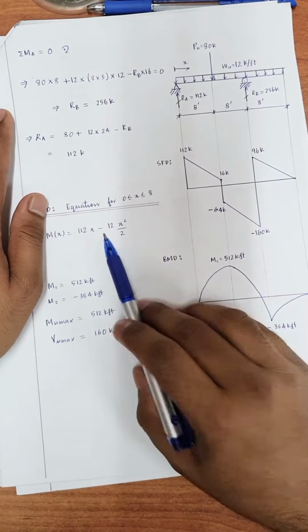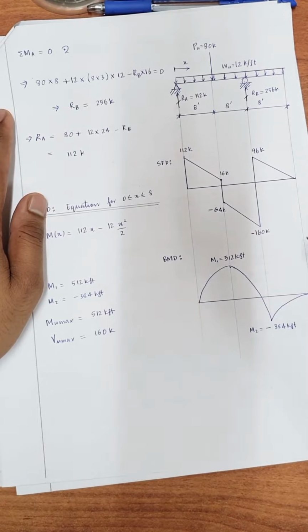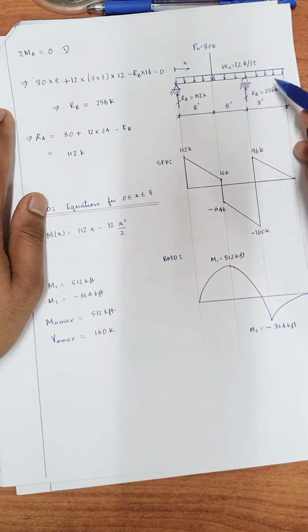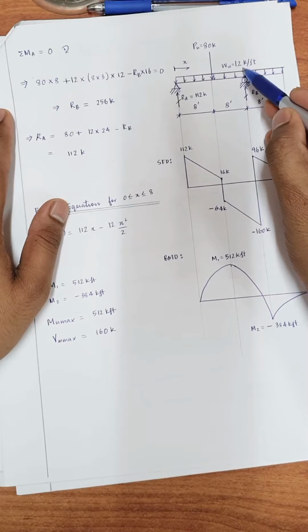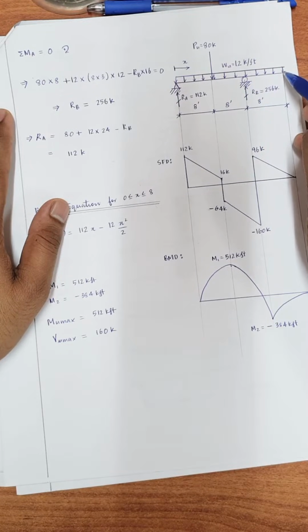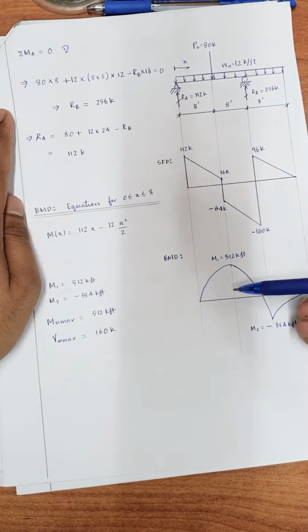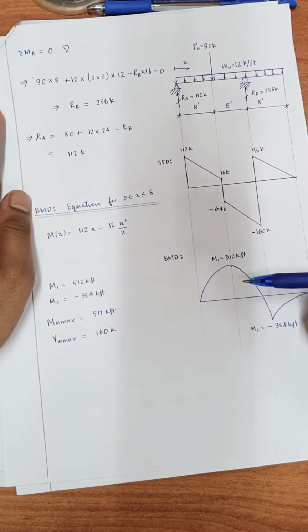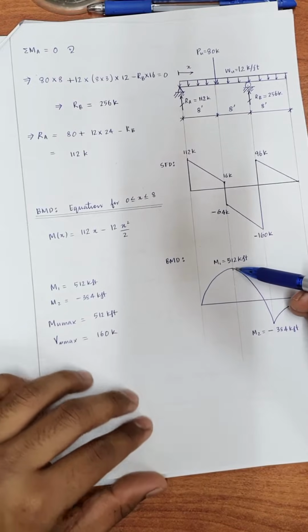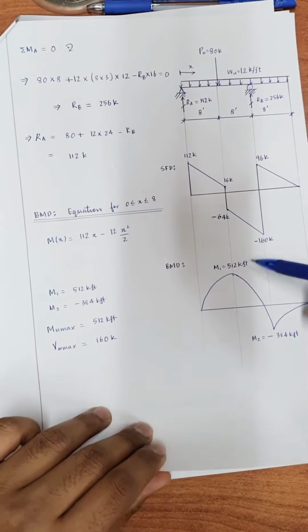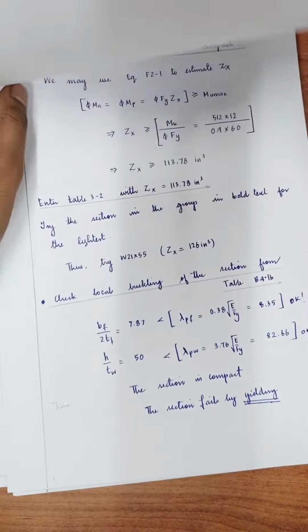And based on this, you can find the maximum moment, which is 512 kip-ft, and on the other support we can find the moment using wl squared by 2, 12 times 8 into 8/2, you get minus 384. So from these two diagrams, it is clear that the maximum shear force is 160 kip and your maximum bending moment is 512 kip feet. So these are the design moment and design shear force that we use.